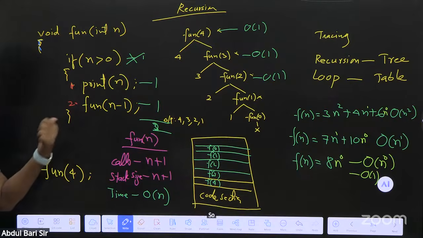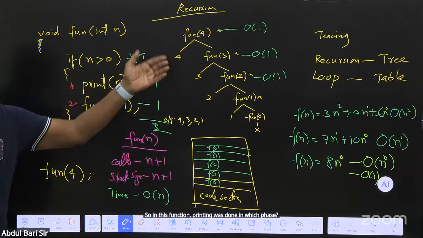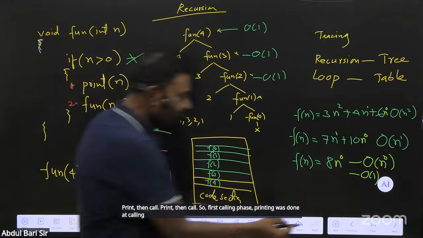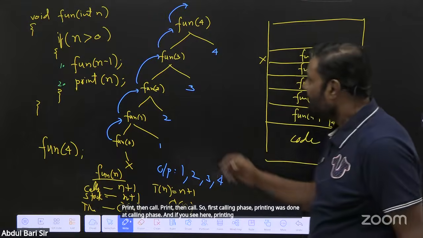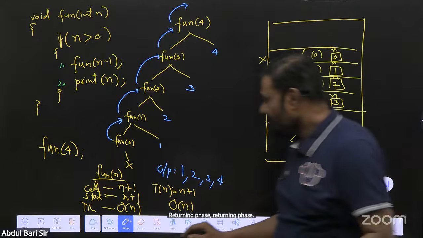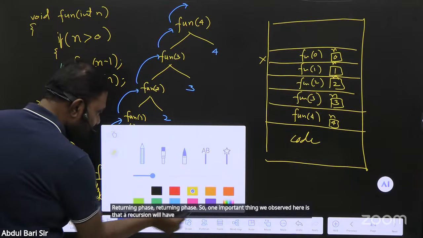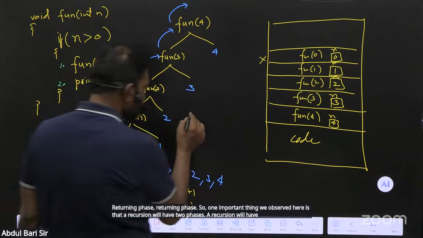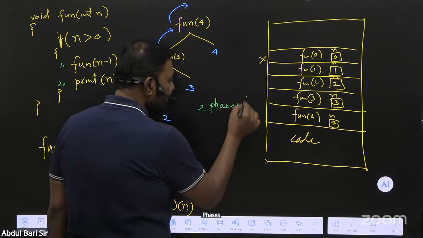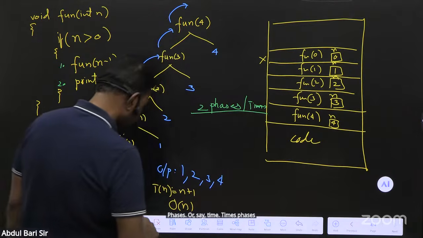In the earlier function, printing was done in which phase? Print, then call, print, then call. So printing was done at the calling phase. And here, printing was done at the returning phase. So one important thing we observed is that a recursion will have two phases, or say two times.